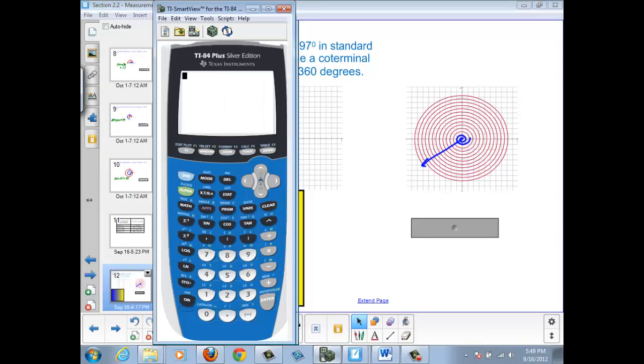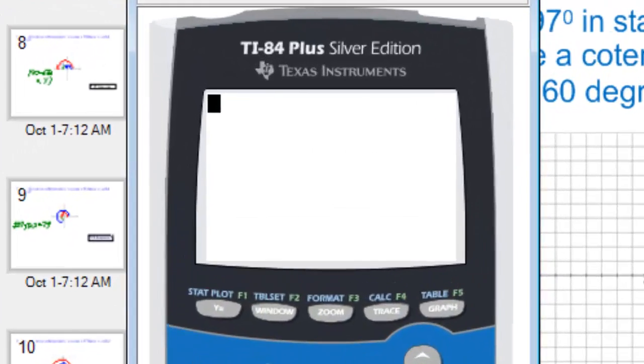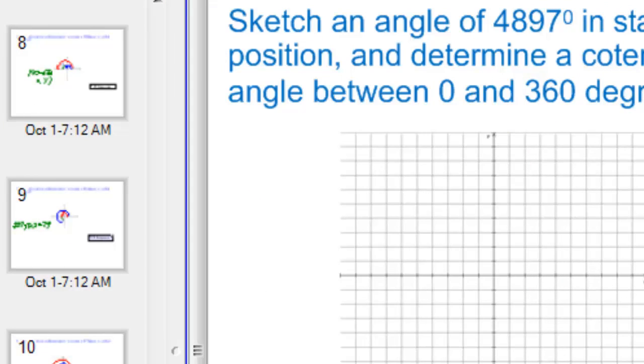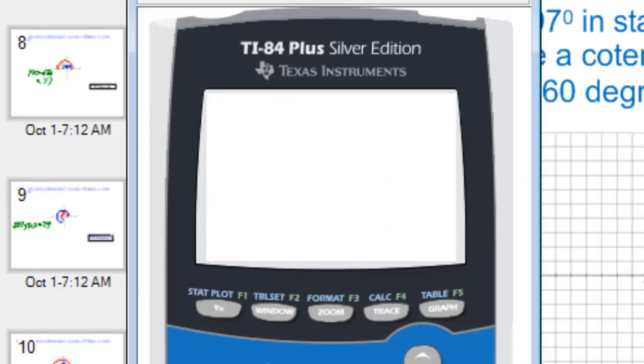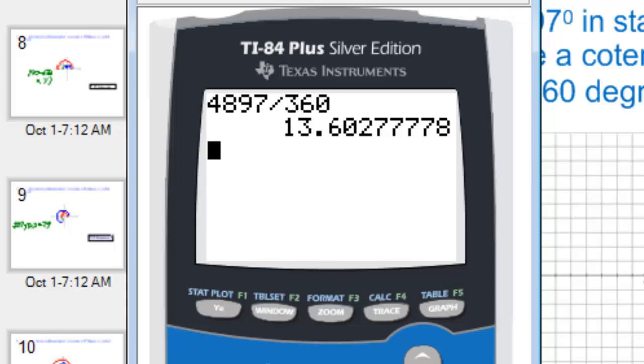So the way I'm going to do that is I'm going to take that 4,897 degrees and I'm going to divide by the number of degrees in each rotation. So I see that I've gone 13 plus a fraction of a time around the circle.